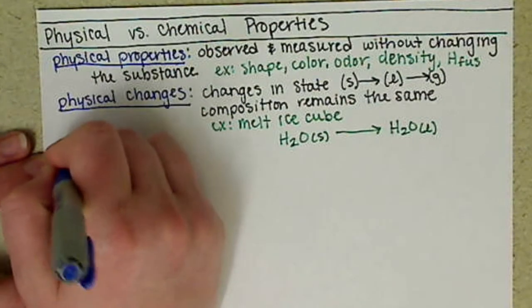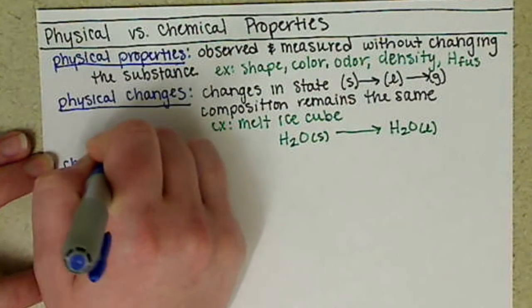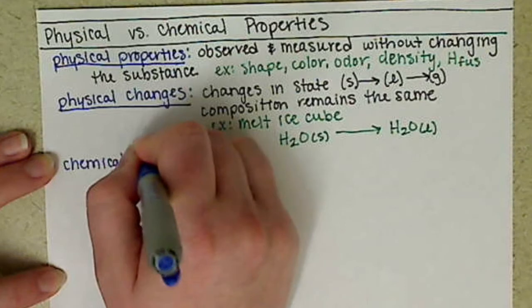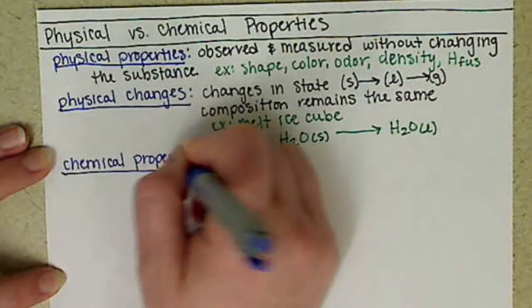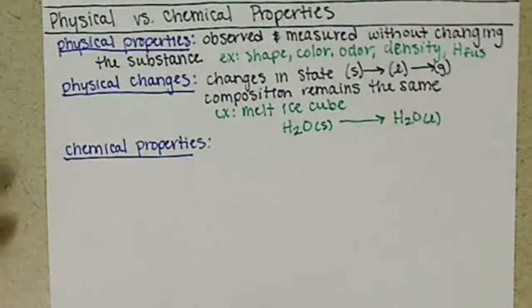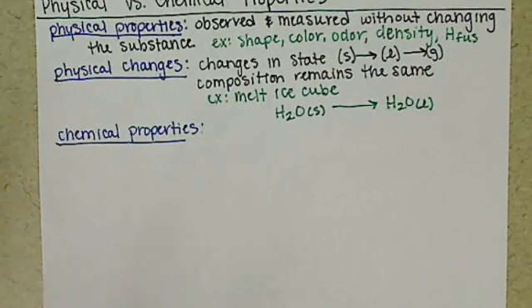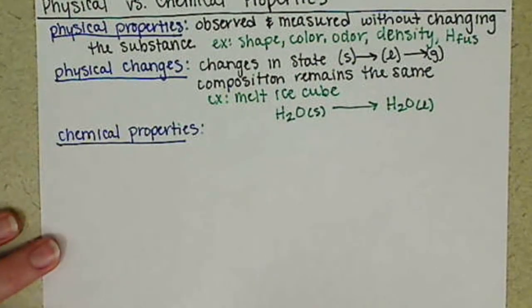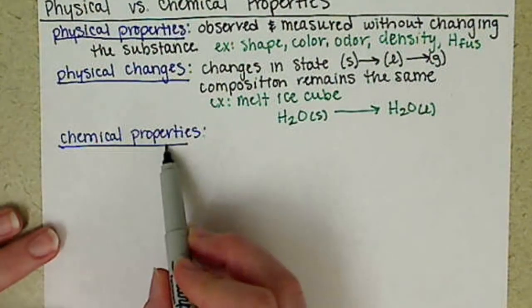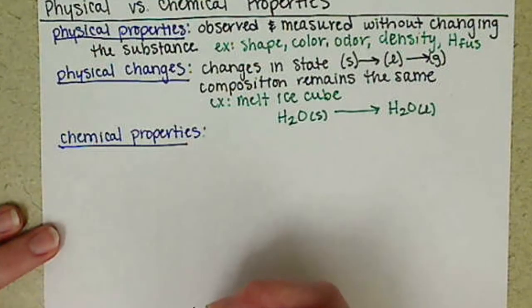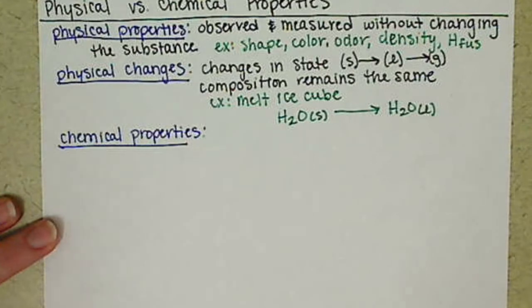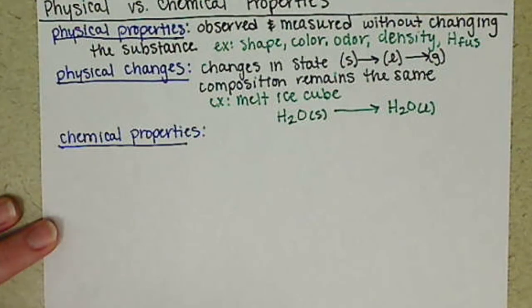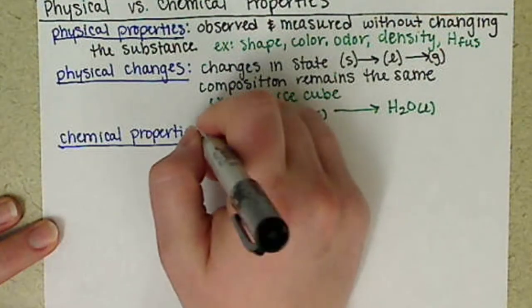All right, so let's talk about our chemical changes. Oh, chemical properties first. For our chemical properties and our chemical changes, they're kind of silly to think of separately, but we'll define them separately. Our chemical property is the ability of a substance to change into a new substance. So now we're talking about actually rearranging atoms and changing the ratios of them.